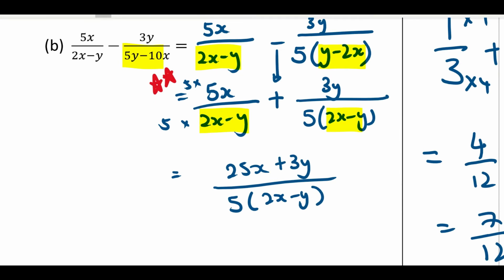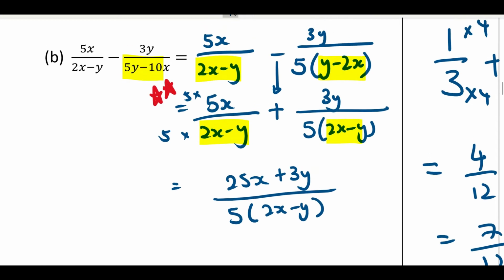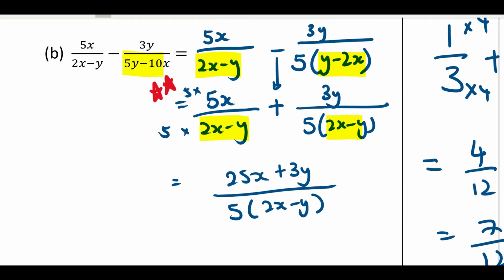And remember, this x and this x you cannot cancel, because this is part of the group. So whenever you see 2 terms or 3 terms, see whether you can factorize or not. 2 terms, normal factorization. 3 terms, cross factorization. 4 terms, most of the time it is factorization by grouping.